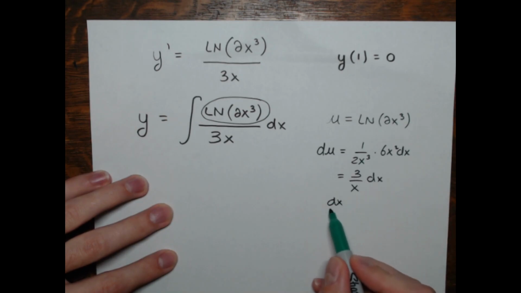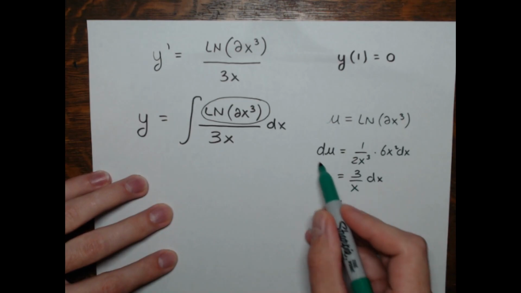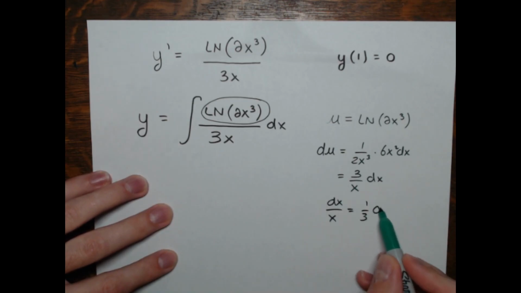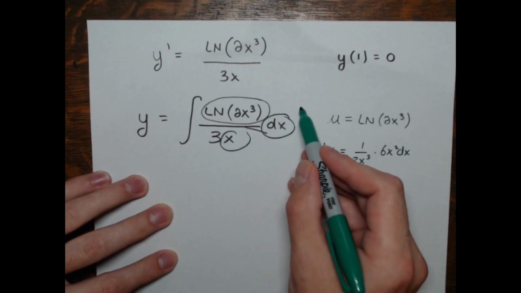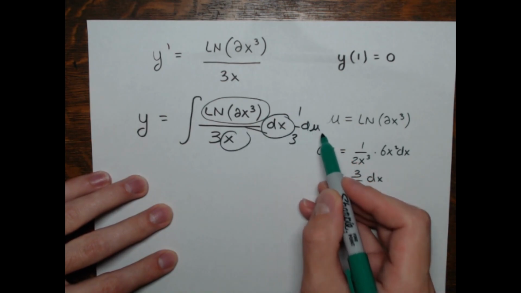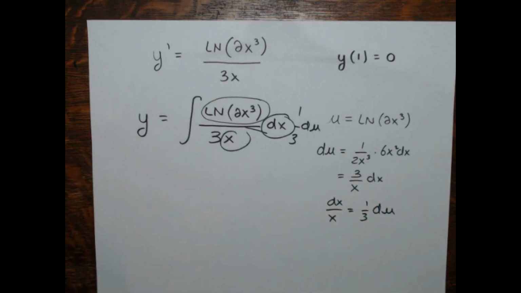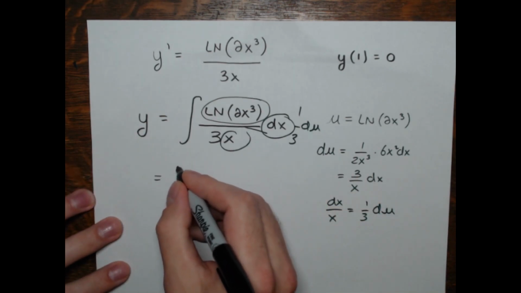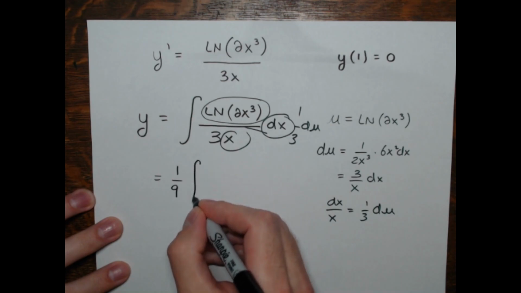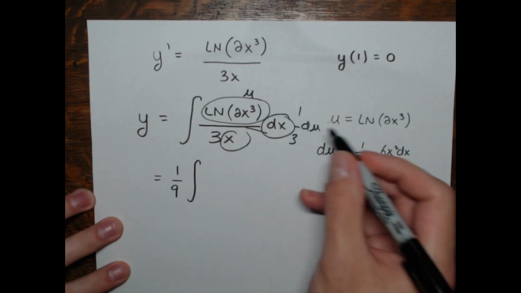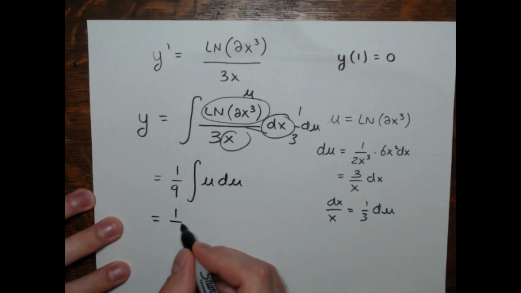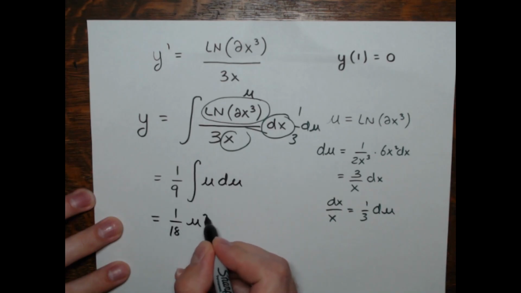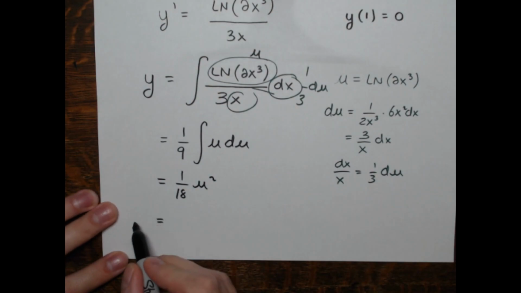So dx over x is 1/3 du, right? So this dx over x that I have here, that's 1/3 du. So I got 1/9 that I can pull out. And this is 1/9 times the integral of u du. So this is 1/18 u squared, and then I sub back.